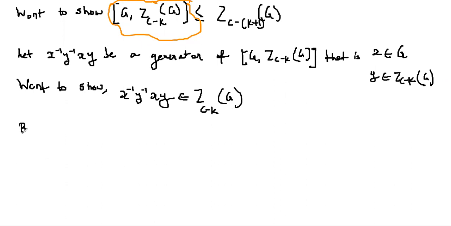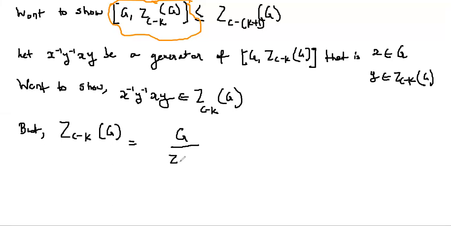But what do we know about Z_{c-k} G? What is the meaning of this? How was this series defined? It is Z of something. To find this, we take G quotient the previous term in this series.